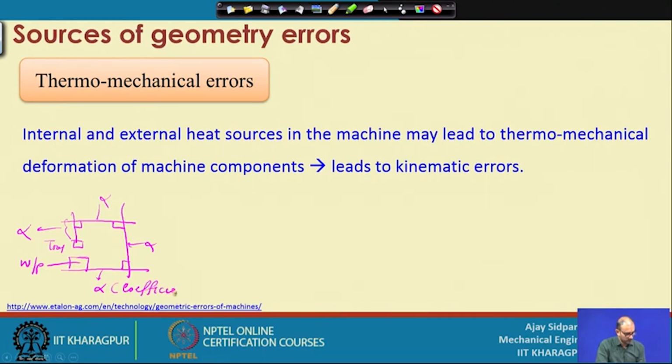Coefficient of thermal expansion. Correct. So, if the materials are different, then all materials have different coefficients of thermal expansion, and depending on the temperature variation, your parts will expand or contract differently.